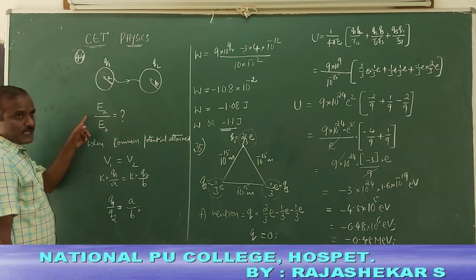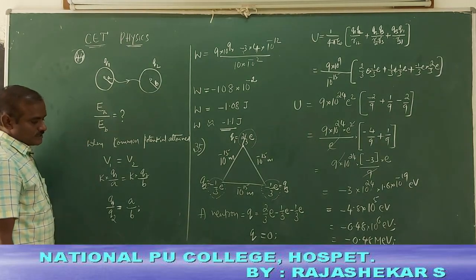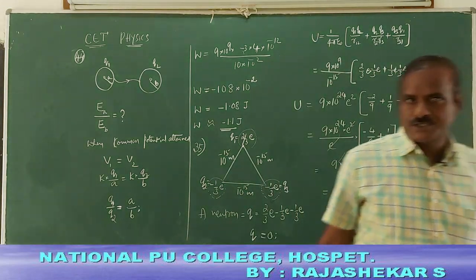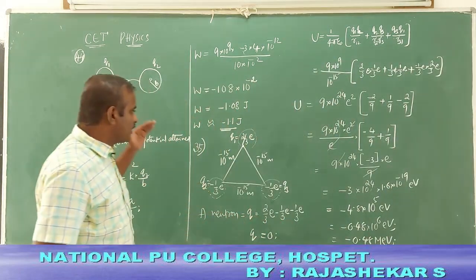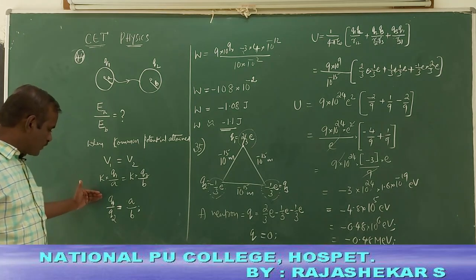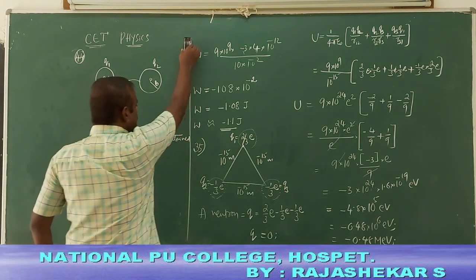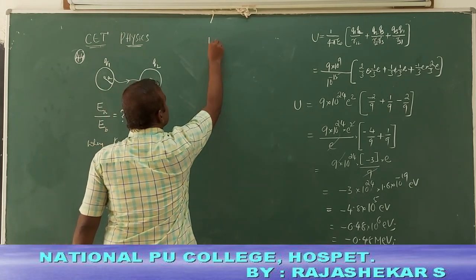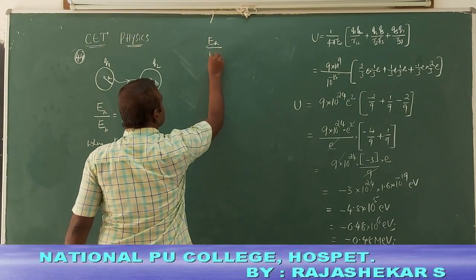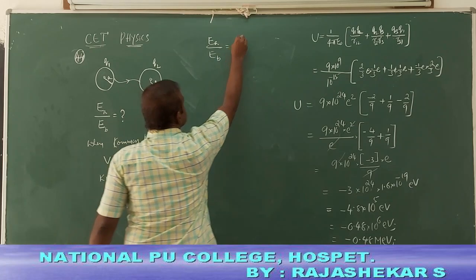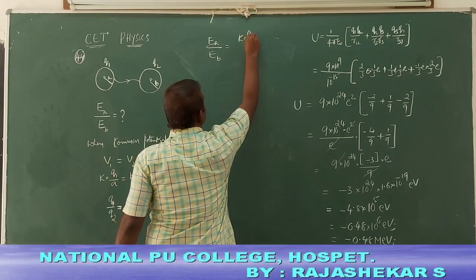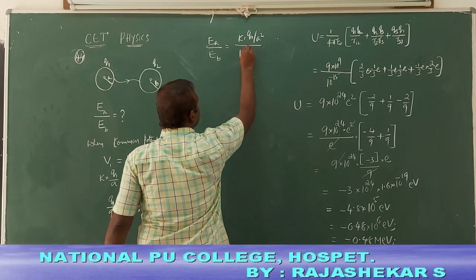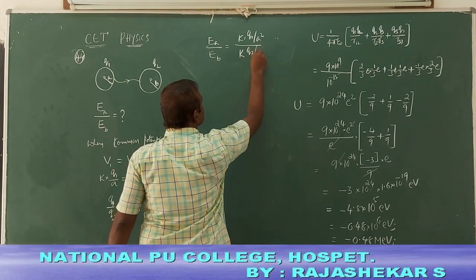Now you can take the ratio of electric field. You will come to know the result. The ratio of charges we came to know, because to calculate ratio of electric field we need ratio of charge. So ratio of charge is A by B. Therefore, now if you apply ratio of electric field, EA by EB, general formula is K into Q1 by A square divided by K into Q2 by B square.